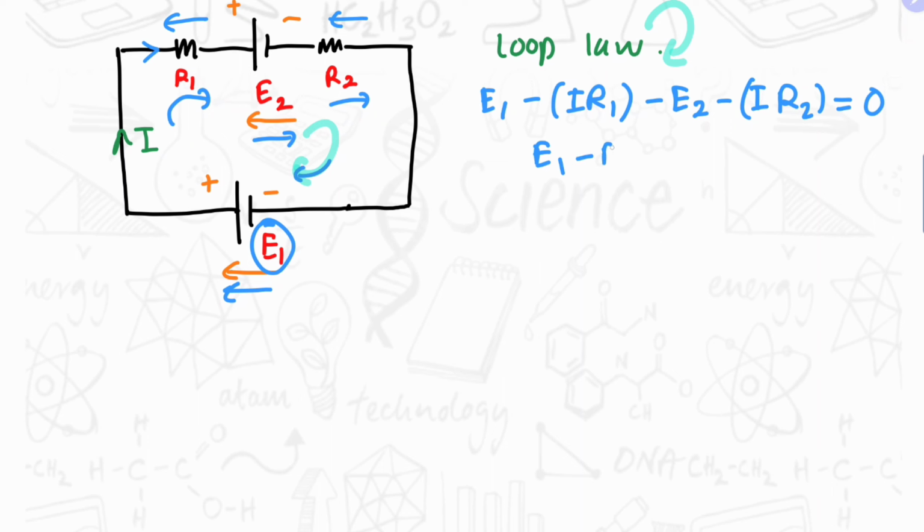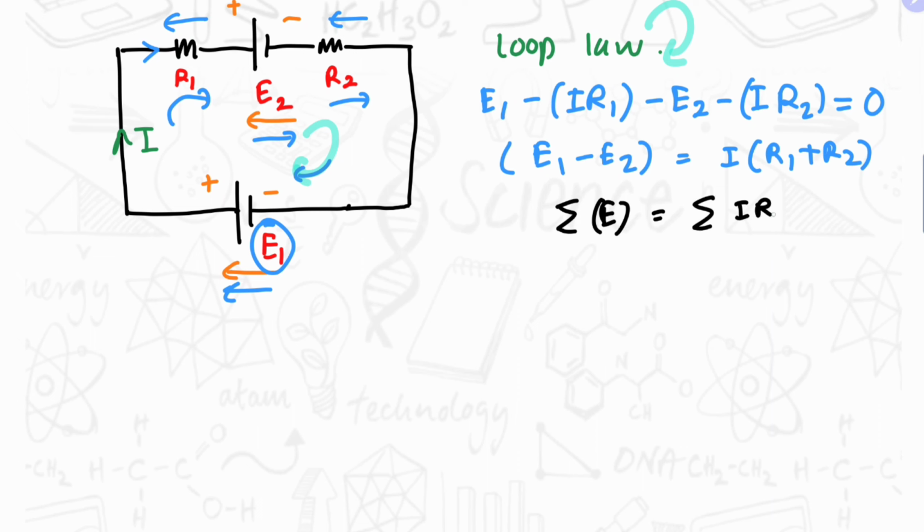Therefore, E1 minus E2 is equal to I times R1 plus R2. So we can say that sigma E is equal to sigma IR.